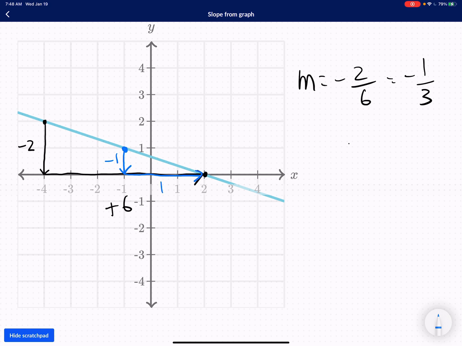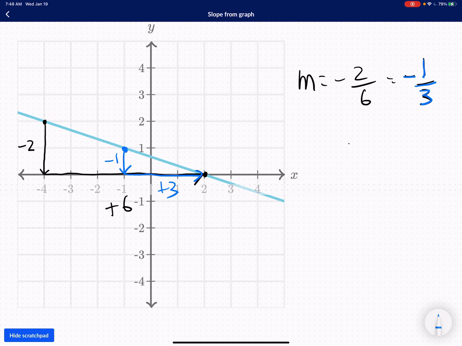So it's +3. What's my rise over run? -1/3. You guys see that? So that's why fractionally it also makes sense, right? This is actually the same thing as that, okay?